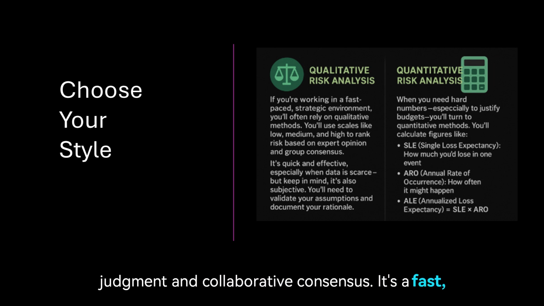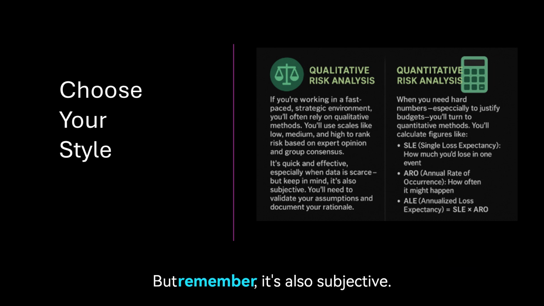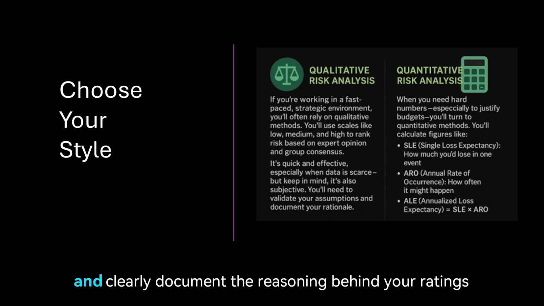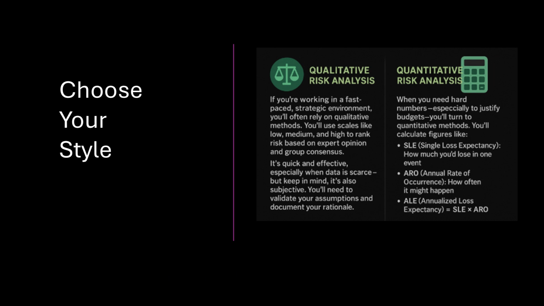It's a fast, strategic approach that works especially well when hard data is lacking. But remember, it's also subjective. You must take the extra step to validate your assumptions and clearly document the reasoning behind your ratings, so your analysis holds up under scrutiny.